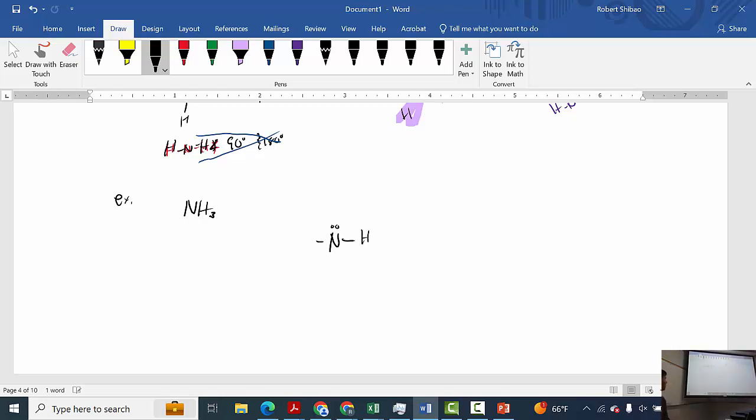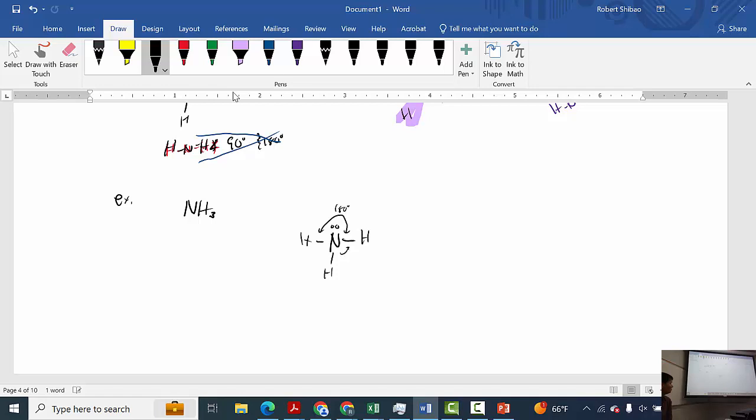All right, the next molecule we're going to look at is this one. What is this called? That is called ammonia. Good. What are the angles here? Angle there, 109.